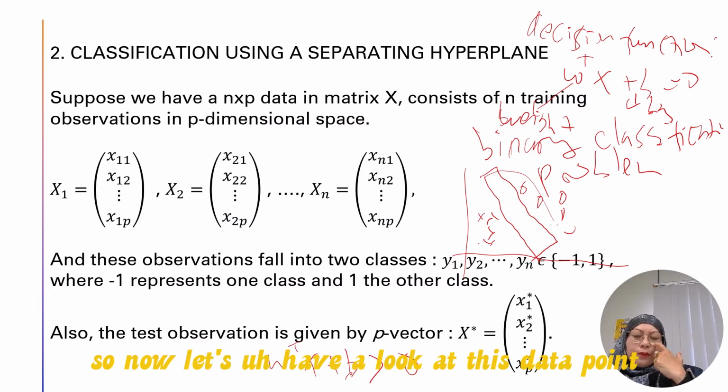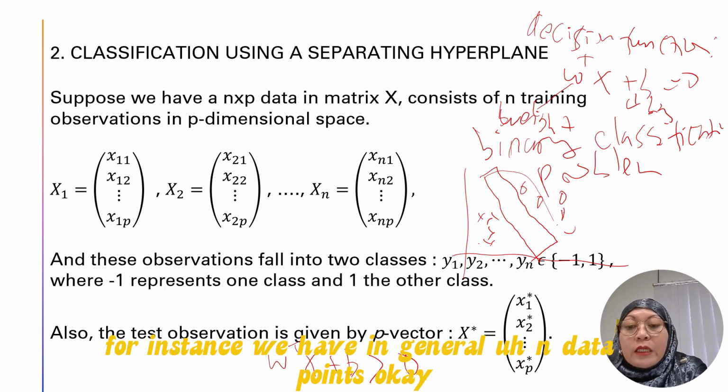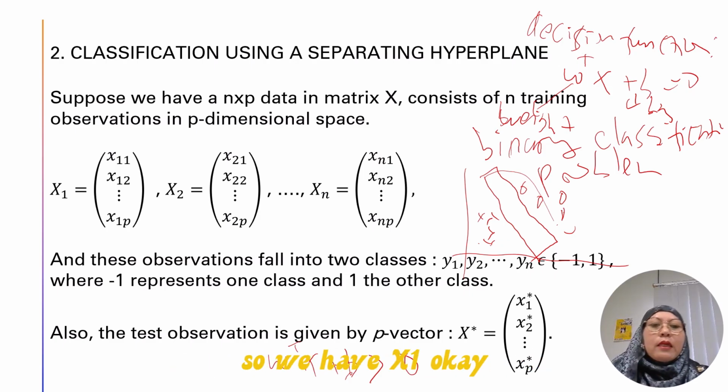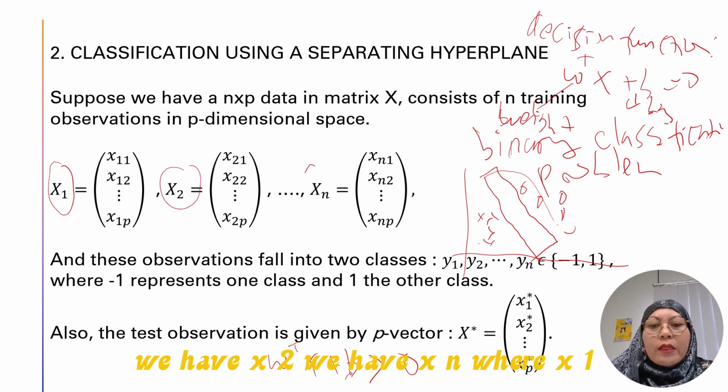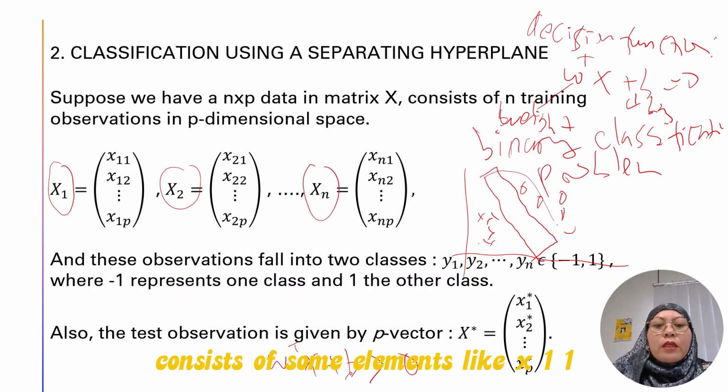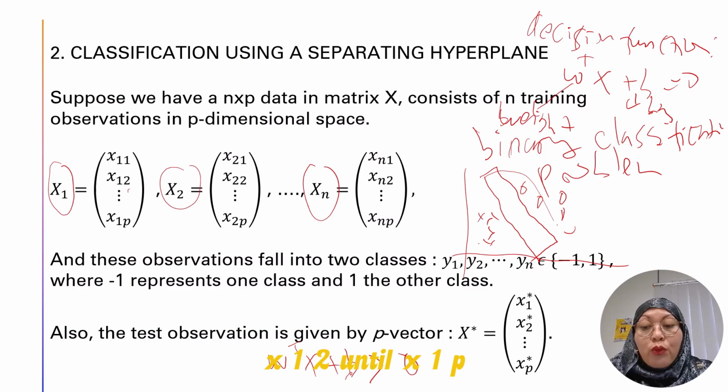So now let's have a look at this data point. For instance, we have in general n data points, and for the n data points we put them in vectors like this. So we have x1, x2, until xn, where each of x1, x2 until xn is a vector consisting of some elements like x11, x12 until x1p.